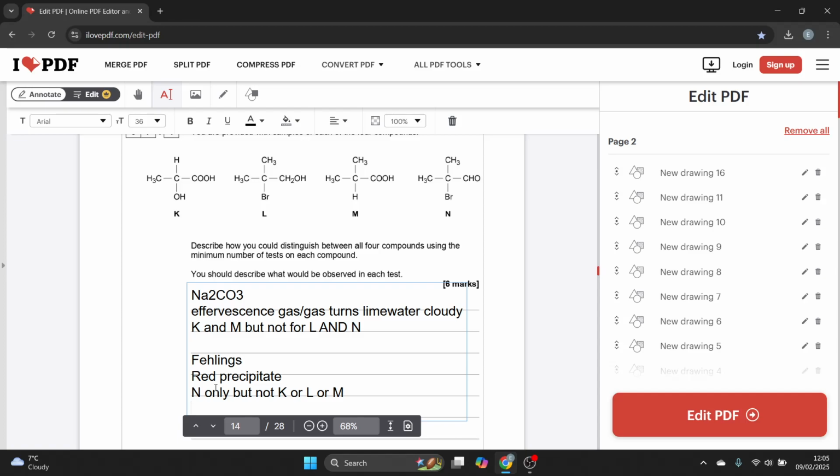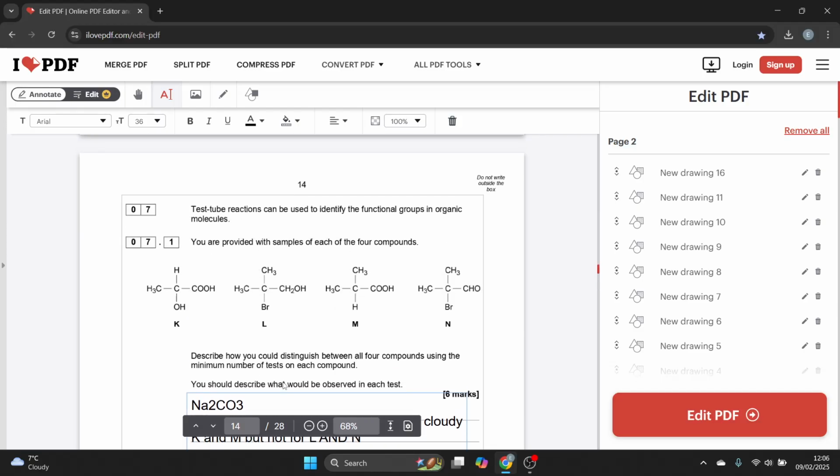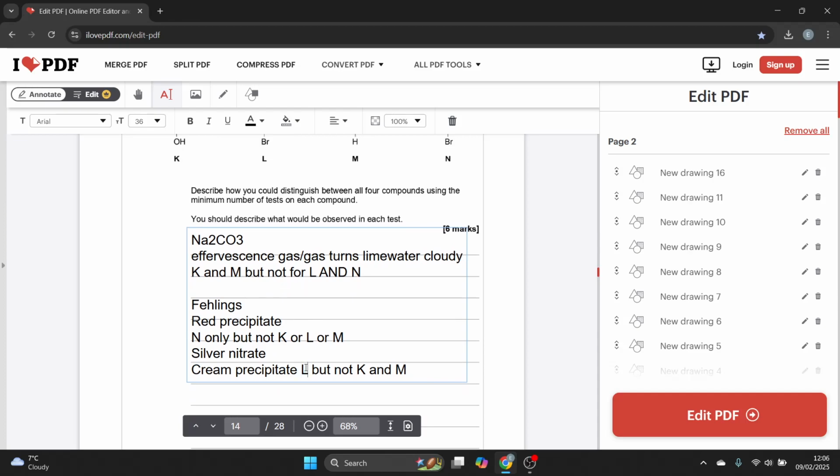Let me check in the textbook. Because Br minus, so yeah, silver nitrate: cream precipitate for L, but not K and N. Oh yeah, both L and N.